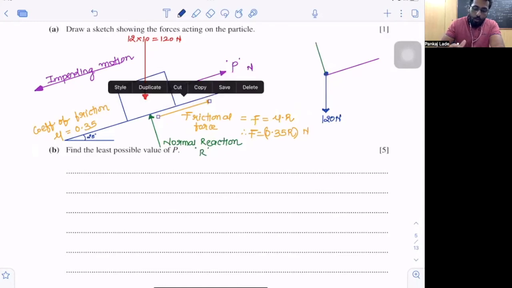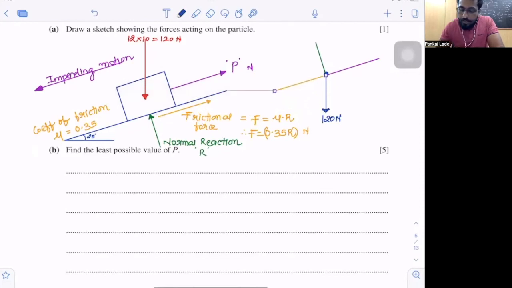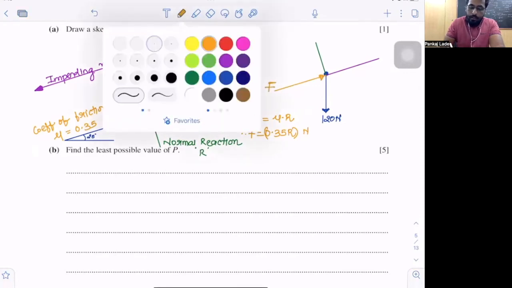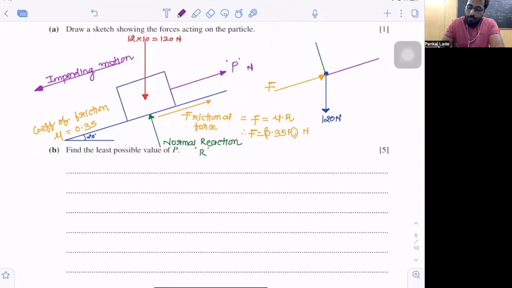And you can also copy the frictional force and place it over here. Then of course we'll show arrows for all of the forces. That's the frictional force, that's F. Then we have the P newton force, which is holding the block. And the weight force is already shown.